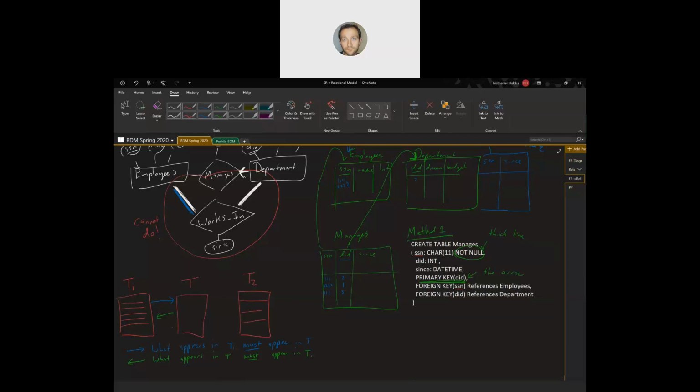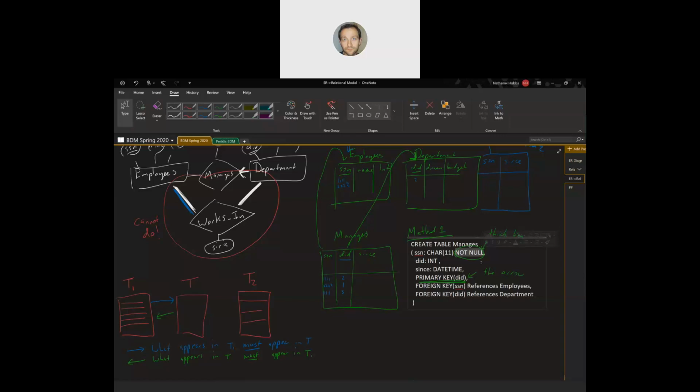And you can say in this table here, for example, there's this not null value that exists, but this doesn't capture the fact that what appears in one table must appear inside of another table.